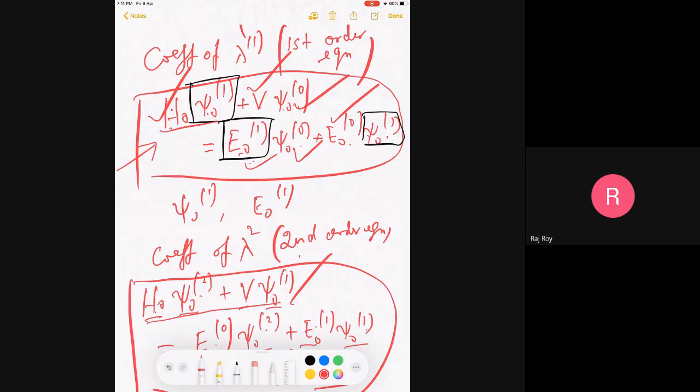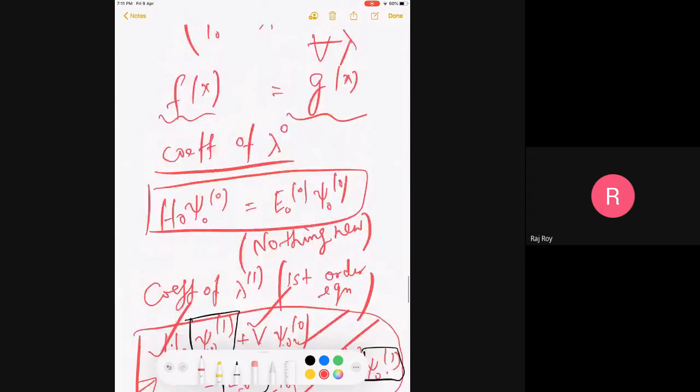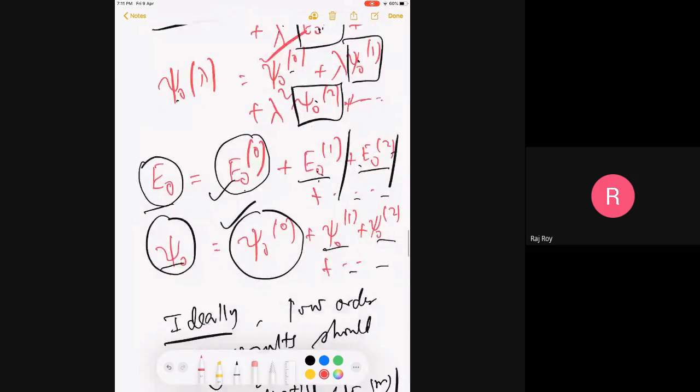So we will come back to the first order equation and then solve it. Okay? Before I close, let me remind you something.